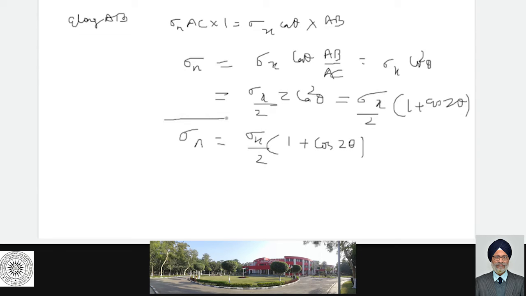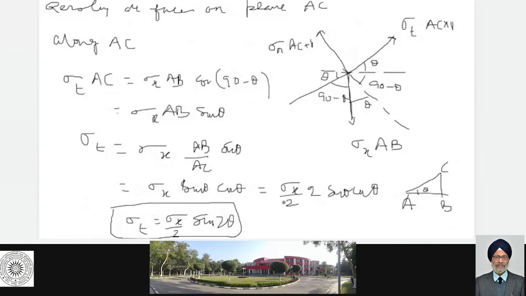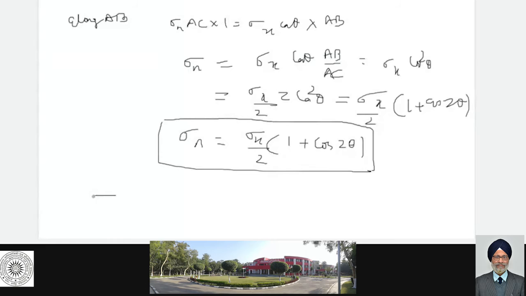So this is the formula for the normal component, and here was the formula for the tangential component. So if you find the resultant, the resultant will be equal to under the root of sigma n square plus sigma tau square.